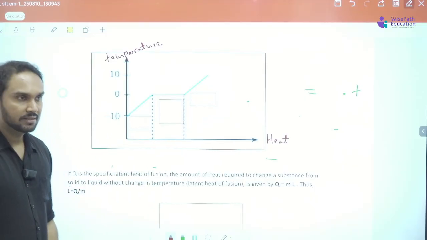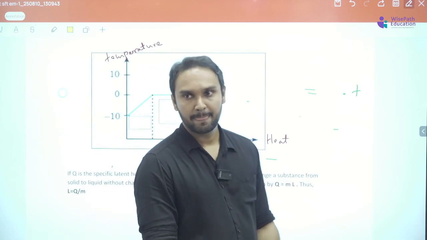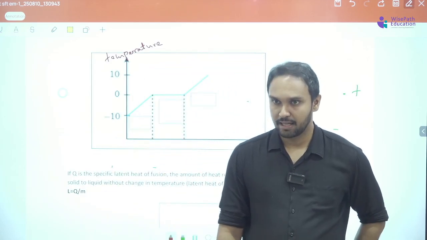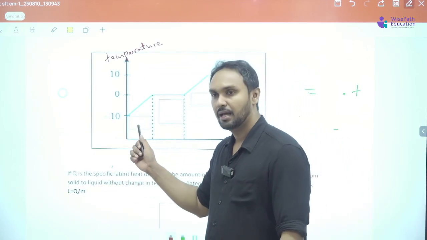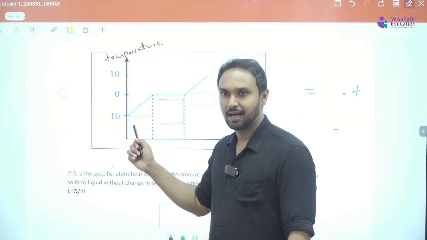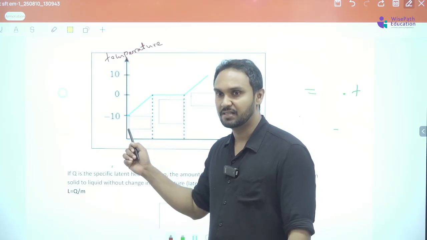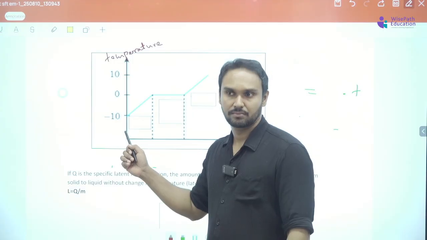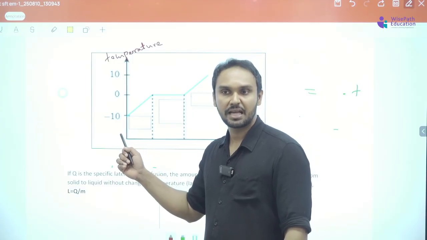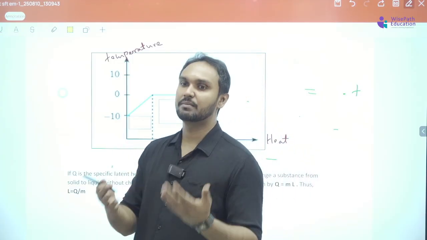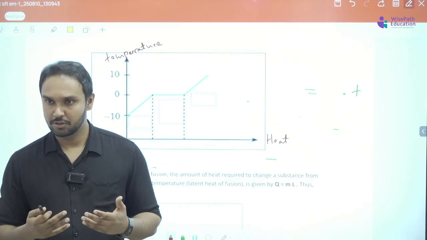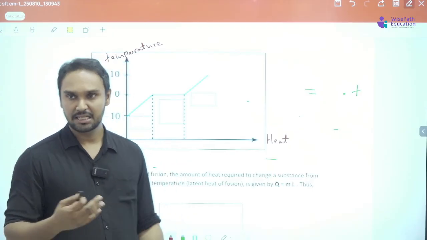And now there's a temperature difference, isn't it? If a temperature difference is there, the heat absorbed by the ice, you can calculate it using which equation? Q equals mc theta. So when there is a temperature difference, the equation you should apply is mc theta.